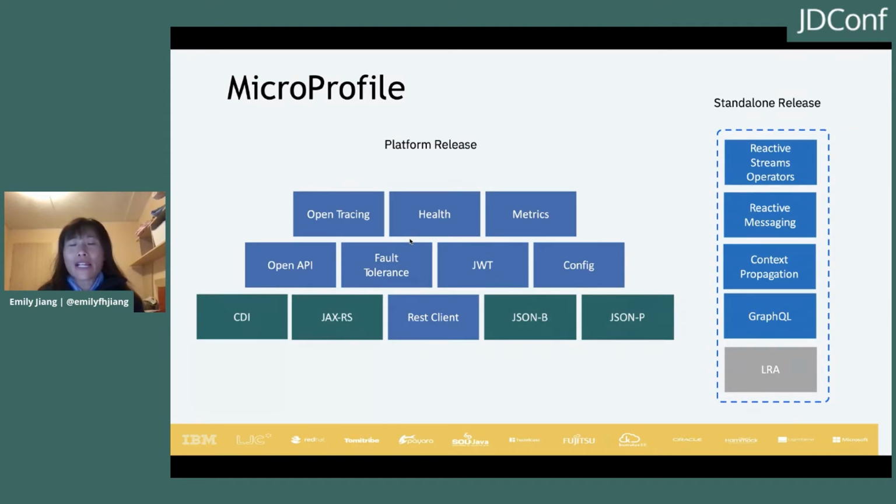On the right-hand side are the standalone releases, basically released in the last couple of years. We want a bit more feedback before we merge them into the platform release. The boxes in gray have not been released. Hopefully this year we can release long running actions, which help you do transactional microservices.